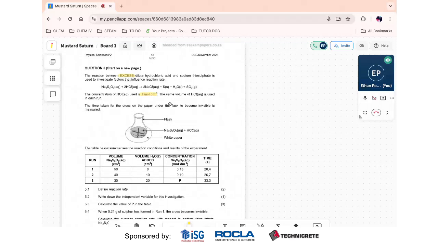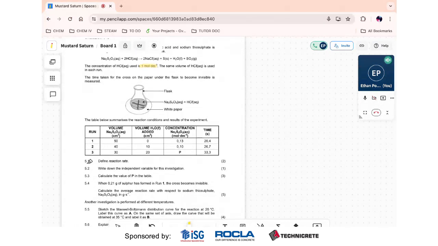Once the reaction gets nice and cloudy due to the formation of products, then we know that the reaction has reached a certain point, and we can use that to time each reaction, so how long it takes. So this is a pretty cool setup to just measure reaction rate, fix one variable, that's HCl, and then vary another one, which is exactly what they've done here with the volume of sodium thiosulfate.